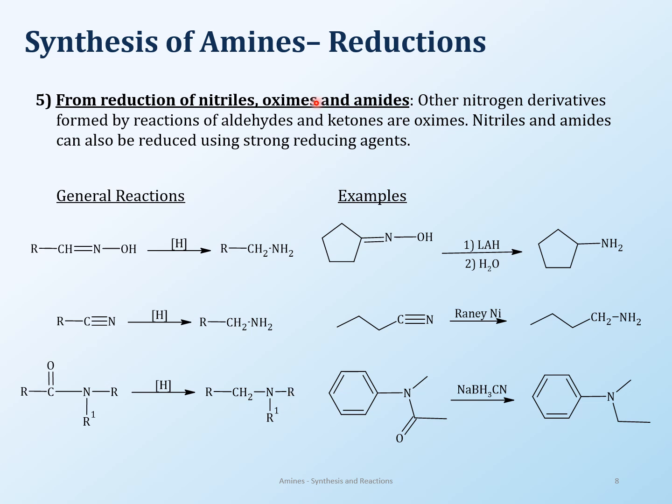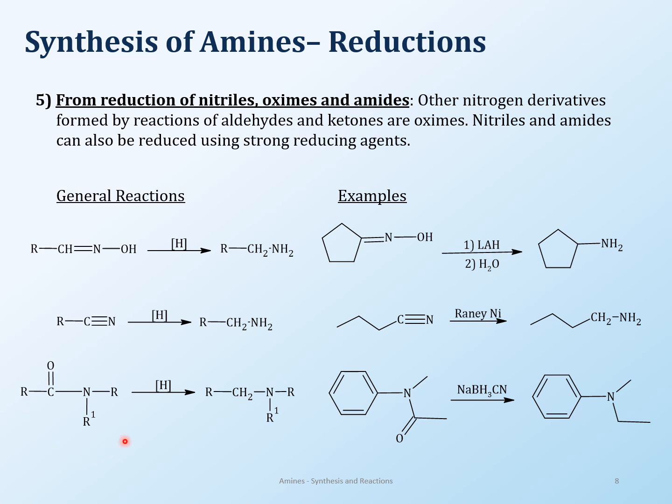You can take any other kind of derivatives also from aldehydes and ketones, the oximes and all that, and you can reduce them as well. Okay, so I have 3 nitrogen functional groups here: nitriles, oximes, and amides. So here is an oxime, here is a nitrile, and then here is an amide.